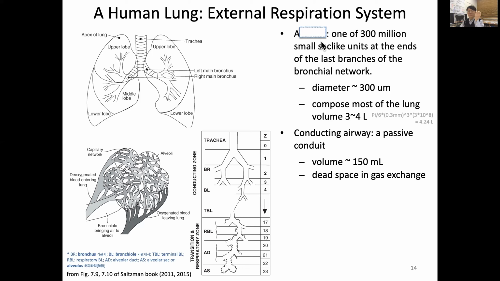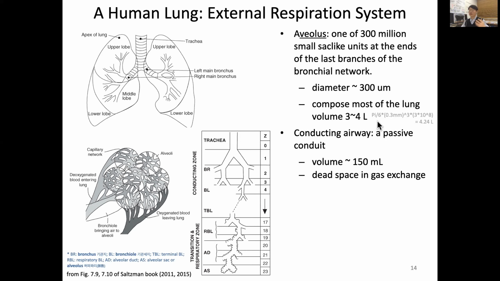A single alveolus is one of 300 million small sac-like units at the end of the last branches of the bronchiole network. The diameter is only about 0.3 millimeter, which is tiny. And because the number is 300 million, we can calculate how big these alveoli are as a volume.